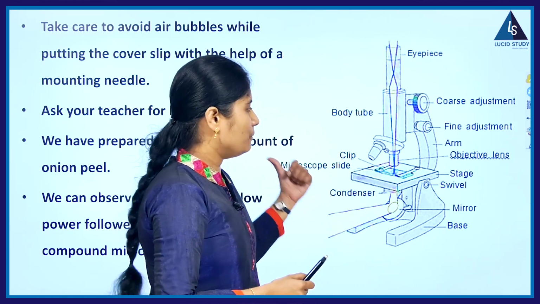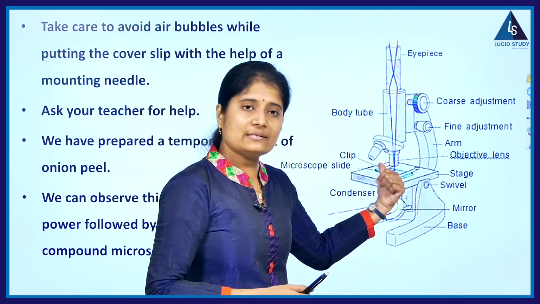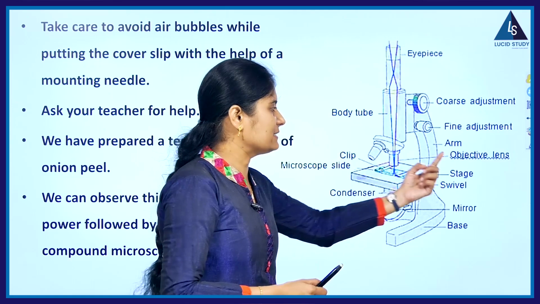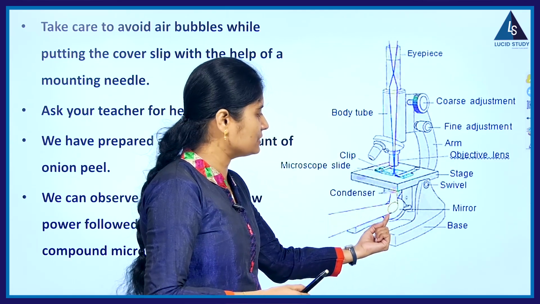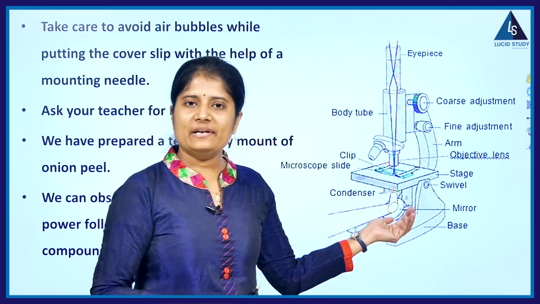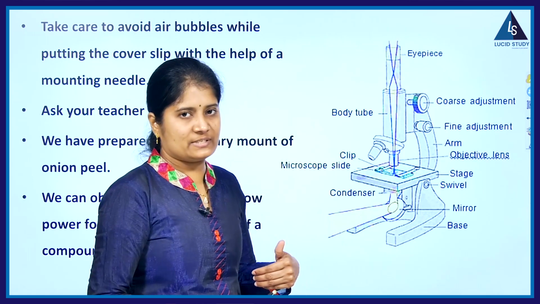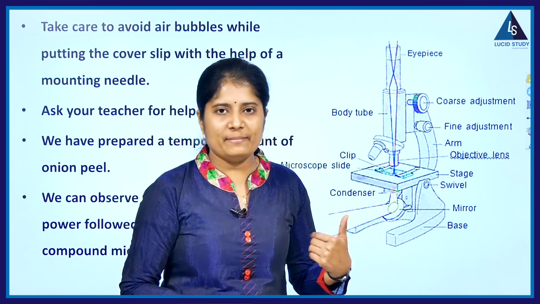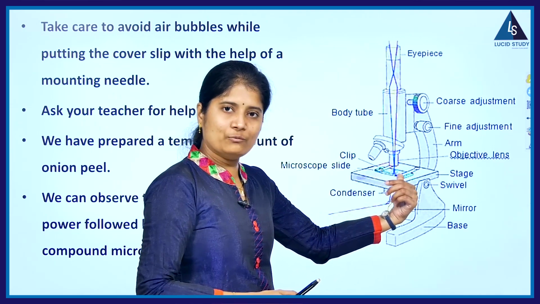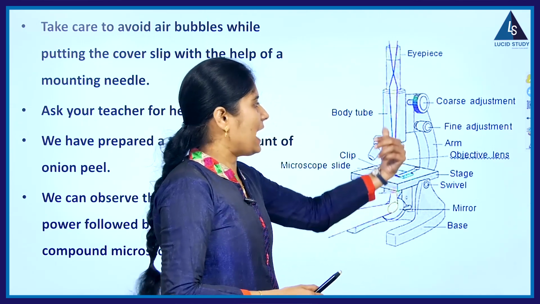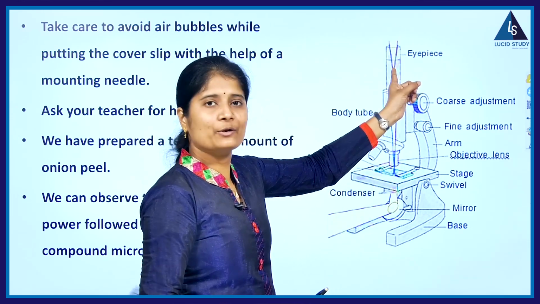This is the area where we need to put our slide, termed the stage, and beneath it you can see the base. Towards that you see the mirror. The mirror allows the light focused from outside, either sunlight or an electric bulb, to be focused towards our slide placed on the stage, and it reflects through this lens.